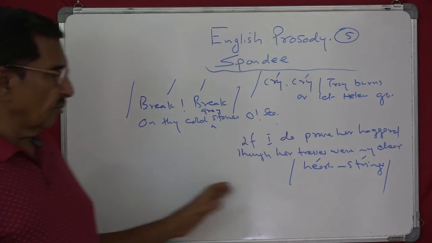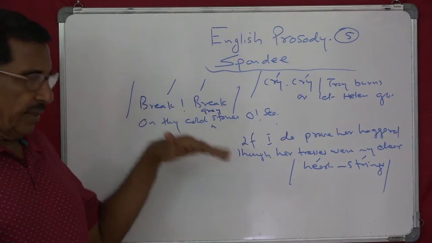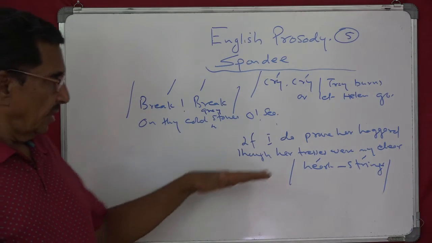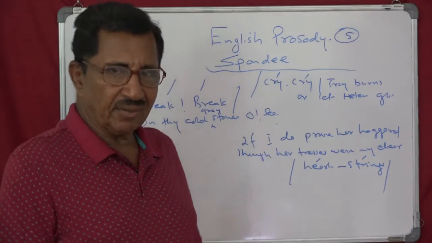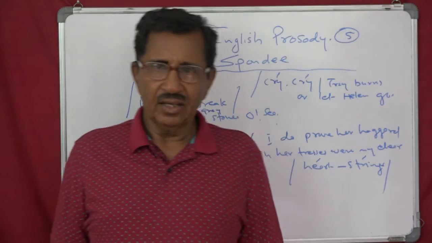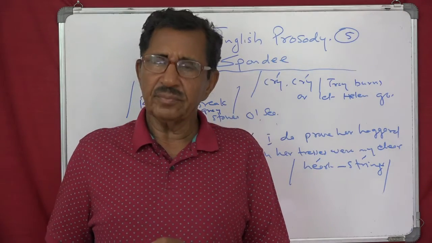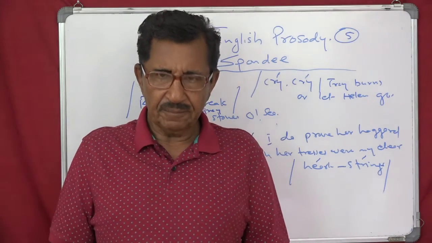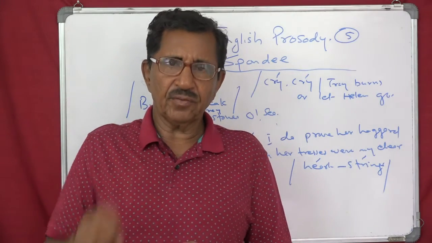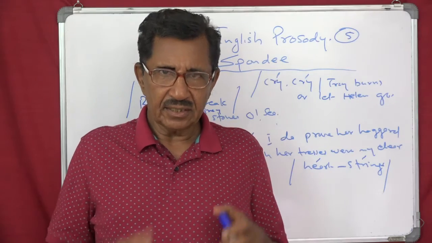Now in all these lines you will find: "break, break," emphasis; "heartstrings," emphasis; "cry, cry," emotional and dramatic. As I told you, it is a foot of two syllables, both stressed, and it is specially meant for creating a dramatic effect.